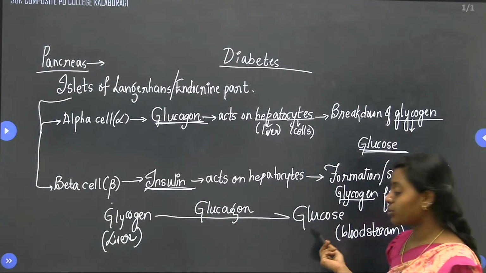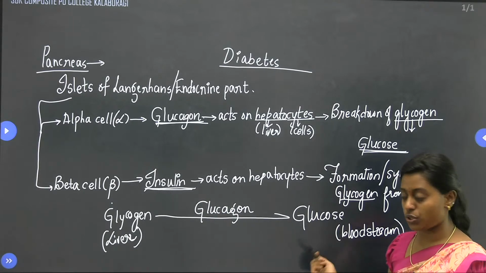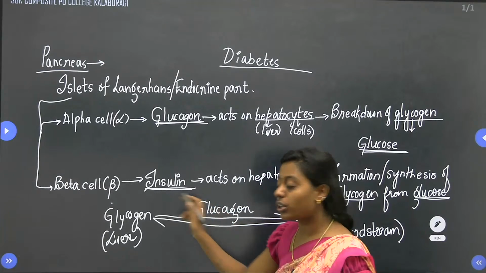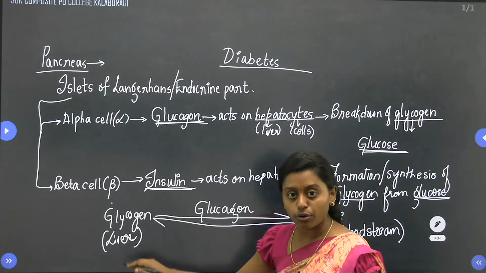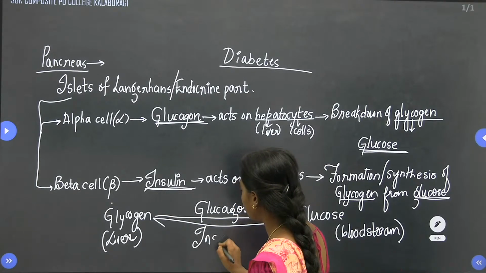Whenever the concentration of glucose is higher than normal in the bloodstream, this glucose can be stored back into the liver in the form of glycogen in the presence of the hormone insulin.